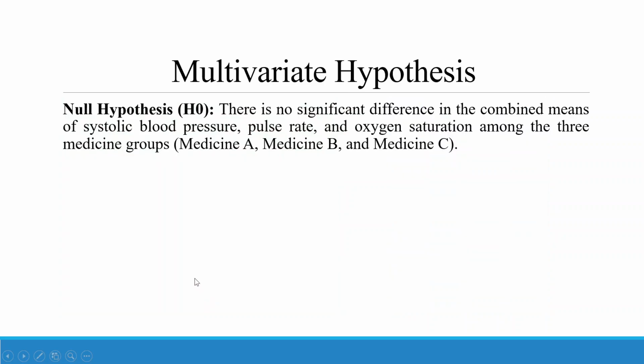The null hypothesis which we are going to test: we have two types of hypothesis, one is multivariate and the other is univariate. What is our multivariate hypothesis? There is no significant difference in the combined means of the systolic blood pressure, pulse rate, and oxygen saturation among the three medicine groups.